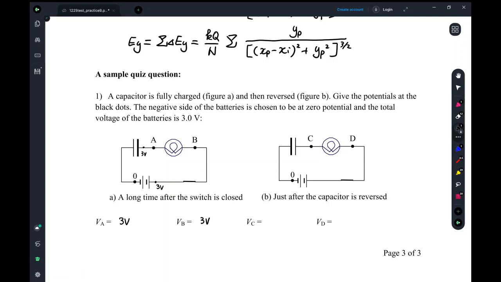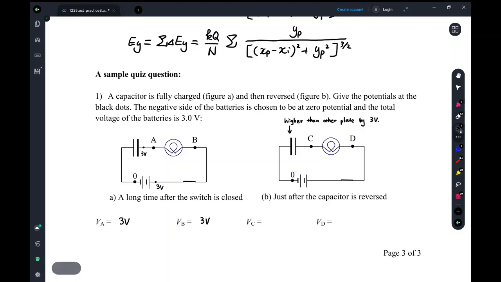Then just after the capacitor is reversed, this potential here is higher than the other plate by 3 volts.